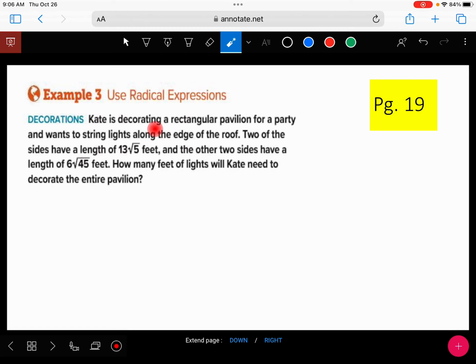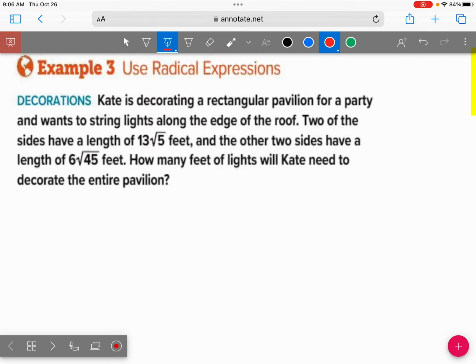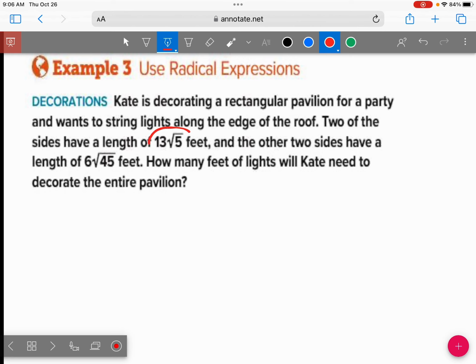It says, Kate is decorating a rectangular pavilion for a party and wants to string lights along the edge of the roof. 2 of the sides have a length of 13√5 and the other side has a length of 6√45. How many feet of lights will Kate need to decorate? So this is addition. Notice we're using this number twice because there's 2 sides that are 13√5. So we're adding 13√5.